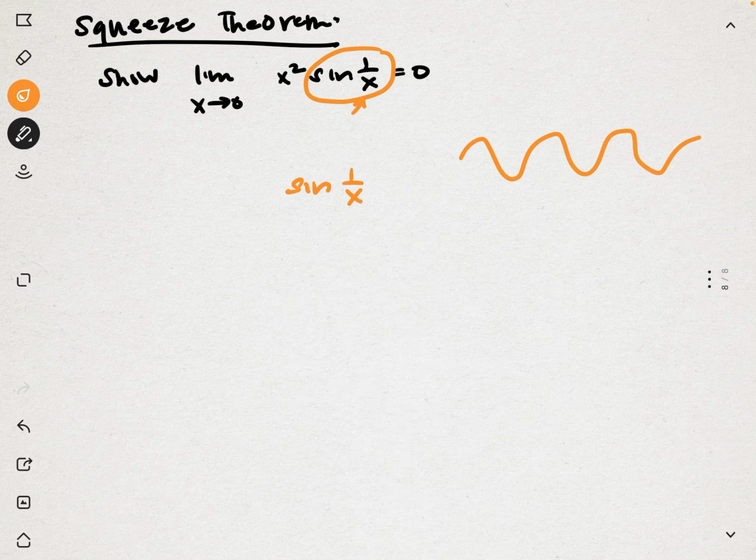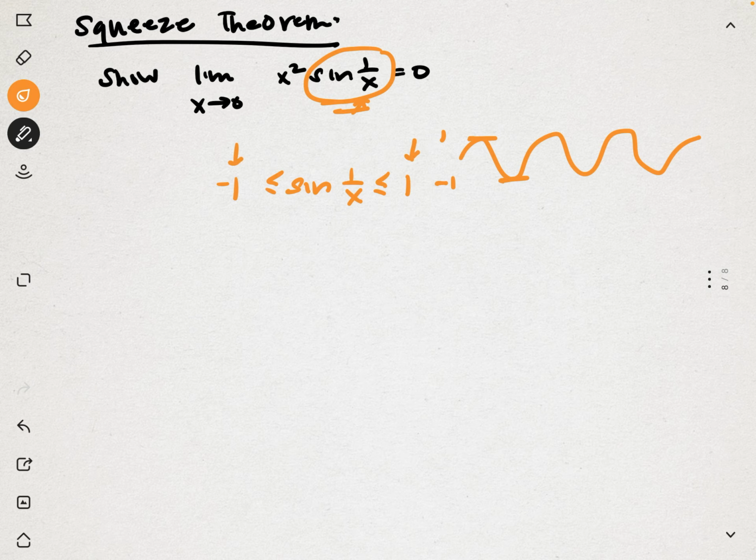So the greatest value the sine can have is 1, and the lowest value we could have is -1. That's one of the properties of sine. So we know that sine of 1 over x, the maximum it could be is 1, and the minimum it could be is -1. That's just a fact, a property of the sine function.